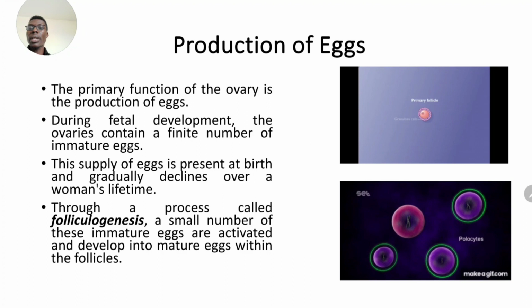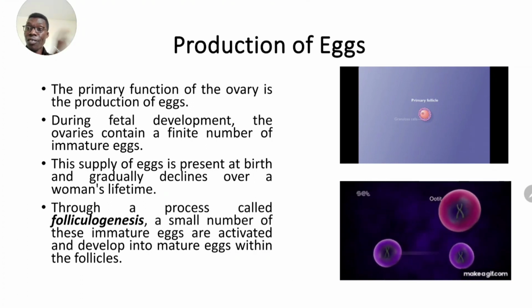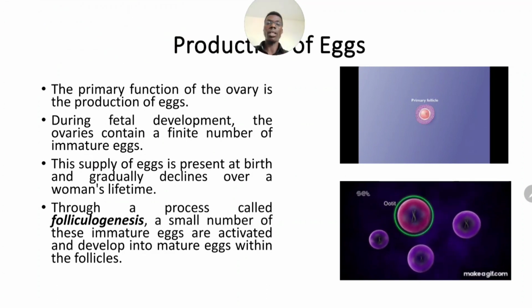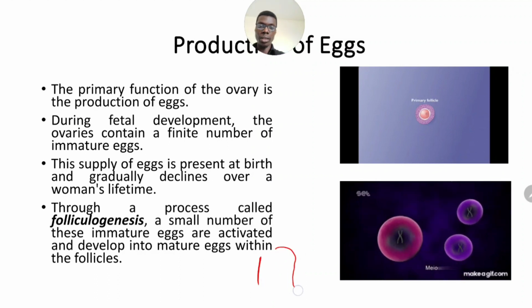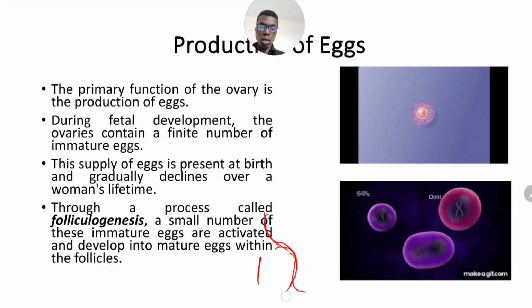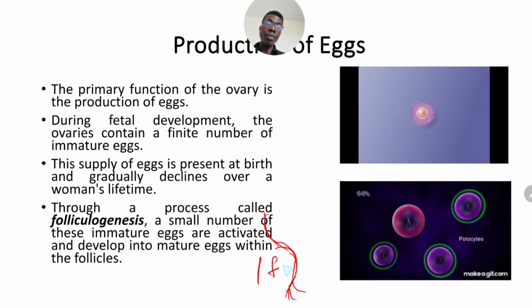So during fetal development, let me say this here. This is a pregnant person. Excuse me, so this is the pregnancy. Please don't mind that. This pregnancy has a female fetus.